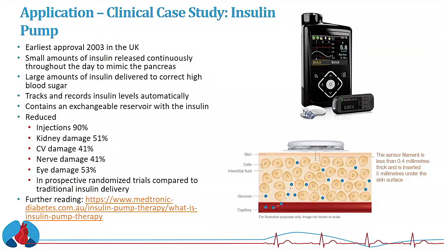The patch detects the glucose levels in the superficial cells there, and in real time monitors the blood sugar. Obviously, there's a bit of a lag between when there's an insulin injection and when the blood sugar changes, because it's got to go through quite a complex metabolic system, but it's really cool.